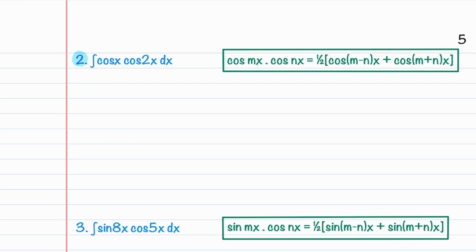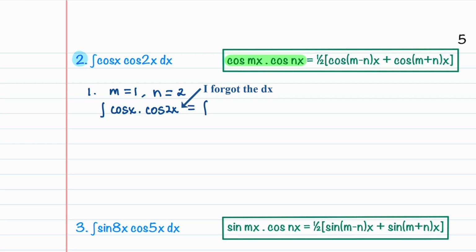In example 2, we are going to integrate cosine x times cosine 2x. The first step is to use this product to sum identity that I listed over here on the right. With this identity, our m is equal to 1. That comes from the cosine x. And then our n is equal to 2. We have our integral cosine x times cosine 2x.